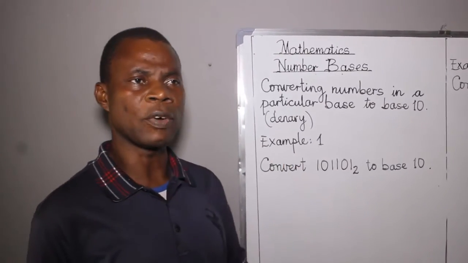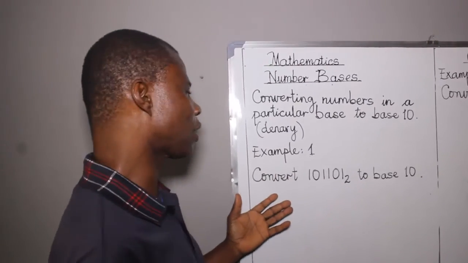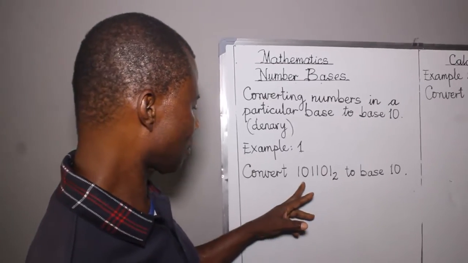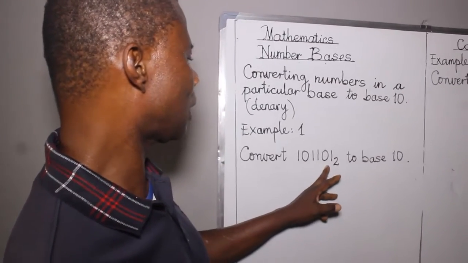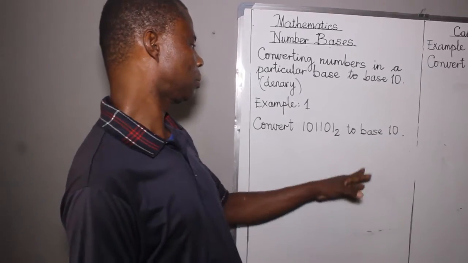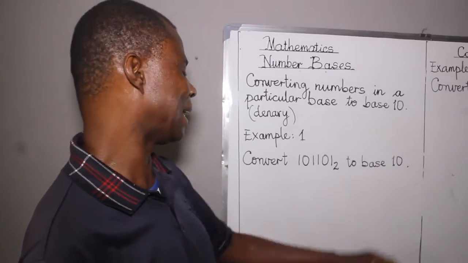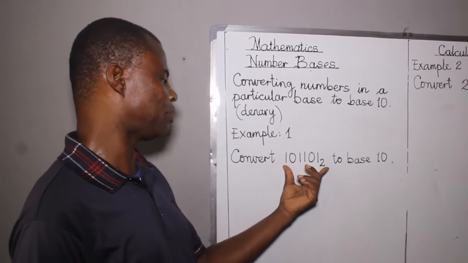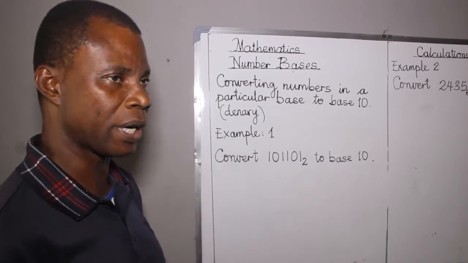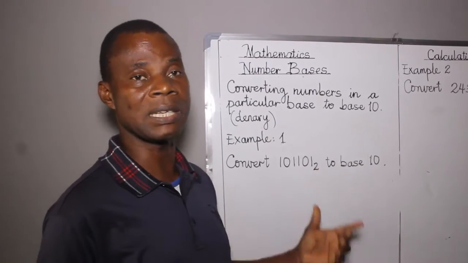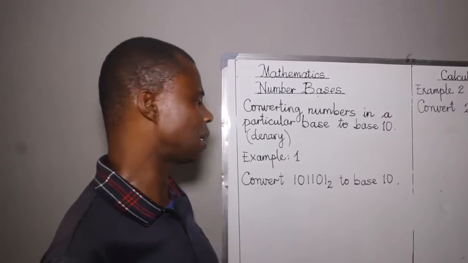Let's take a look at the first example we have on the board here. It's saying convert 101,101 base 2 to base 10. So this figure is in base 2, and base 2 is also referred to as binary. When a number given is in base 2, it means it's in binary.